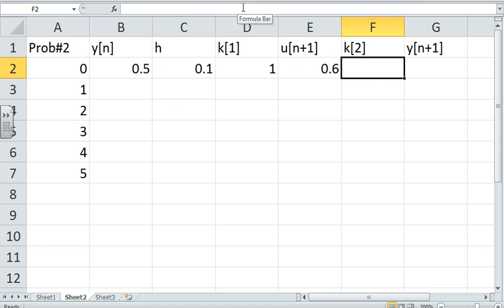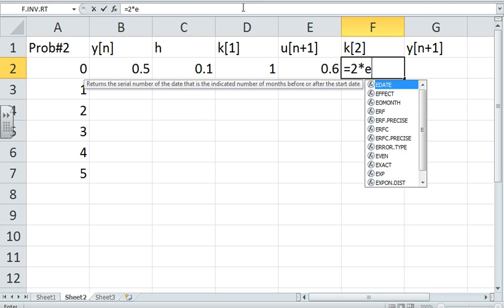Okay, and then I want a K2, and K2 is the function at x n plus 1, u n plus 1, which is 2 times the y guy, which is E2.